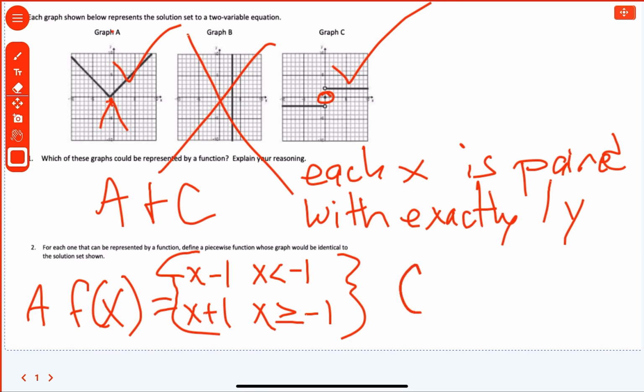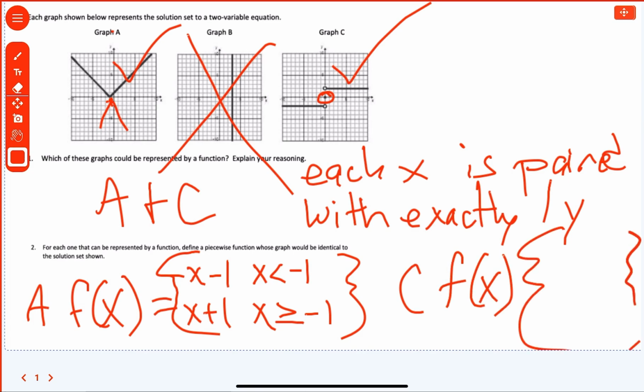Now, graph C, we would have f of x. Now look, we're going to have 3 different ones here, right? For C, we have 3 different ones. What's the easiest one? When x is 0, what's y? 0.